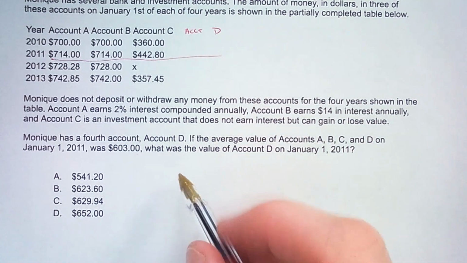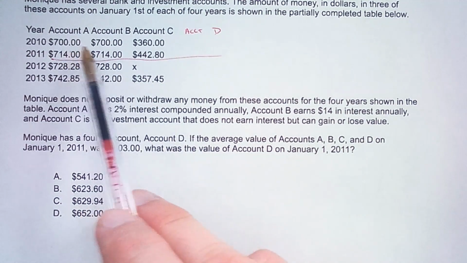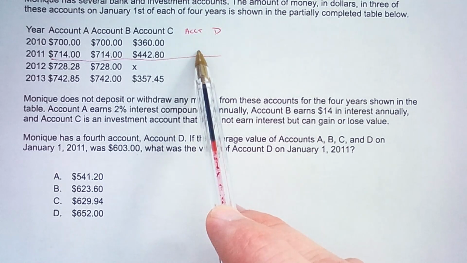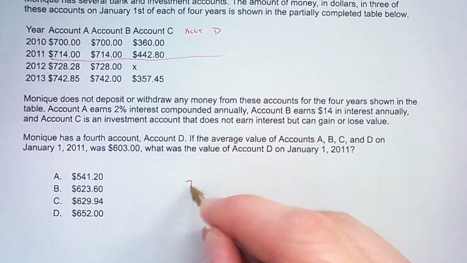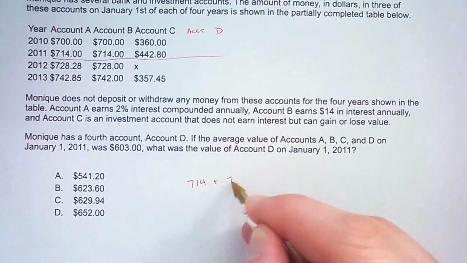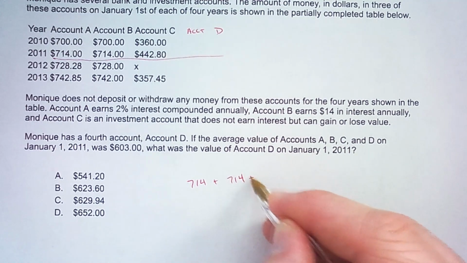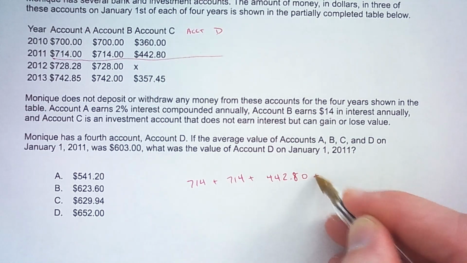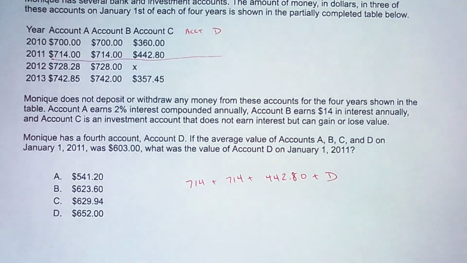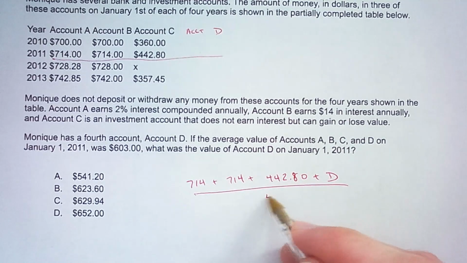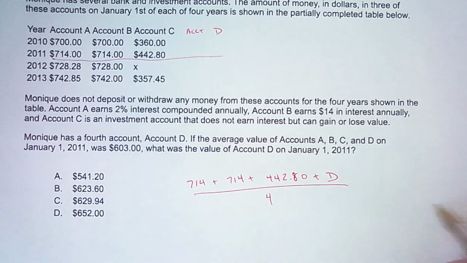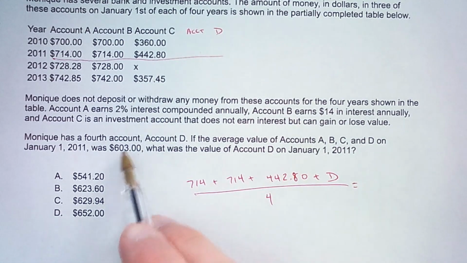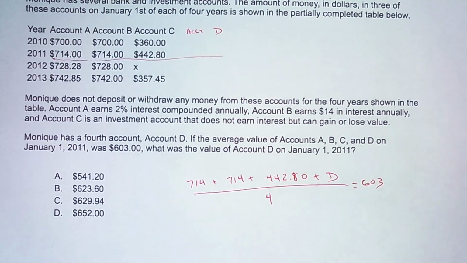Okay, so if I add up the four numbers and divide by 4, I will have the average. So 714 plus 714 plus 442.80 plus whatever is in account D, divided by 4, gives me the average. And I know that average is 603.